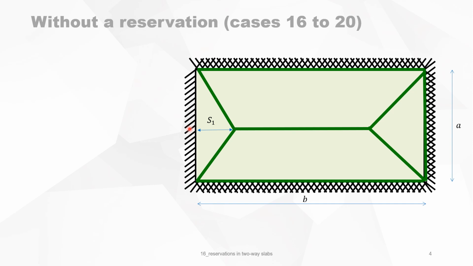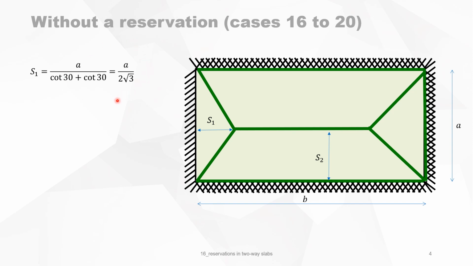You have some geometric characteristics, which is S1. For S1, it is the cotangent rule, which means the height of the triangle S1 is equal to the base of the triangle divided by the sum of the cotangents of the two adjacent corners.